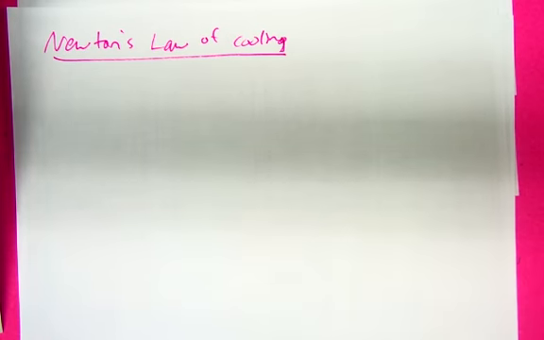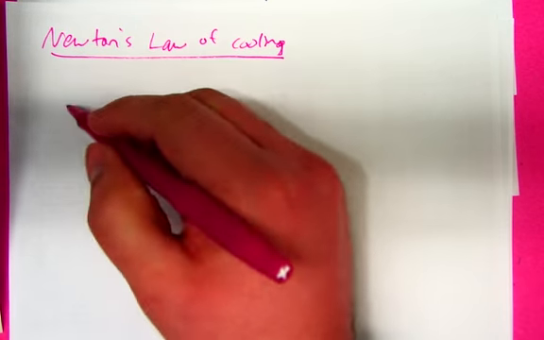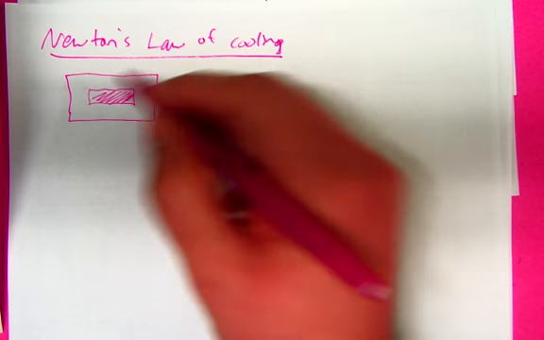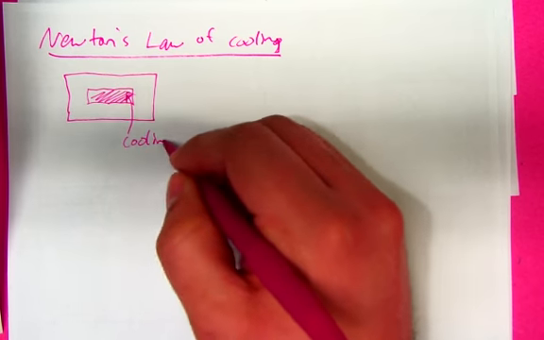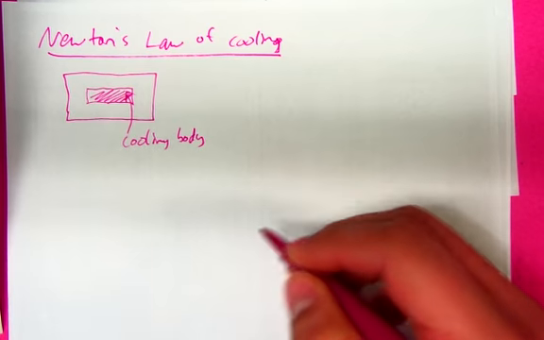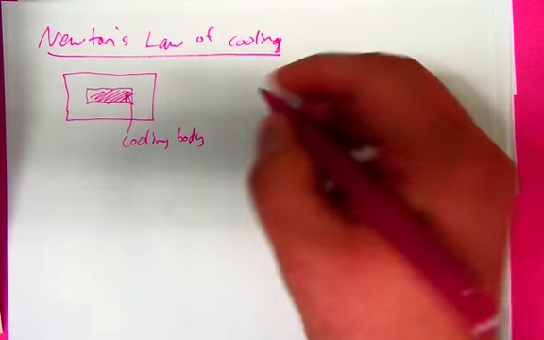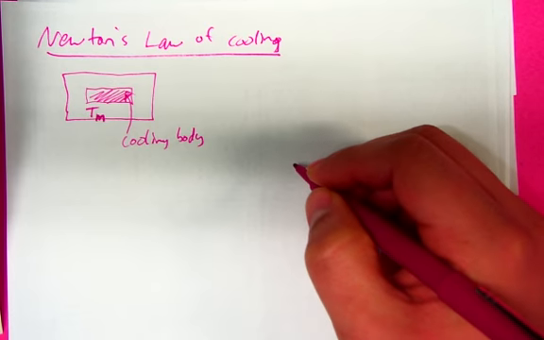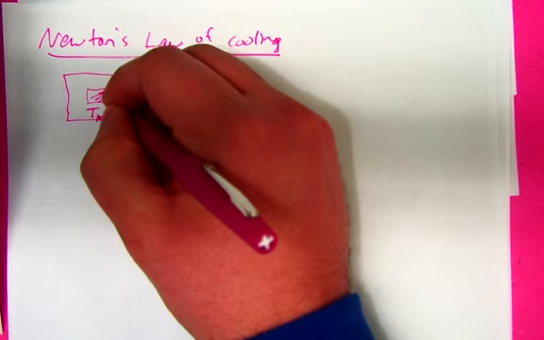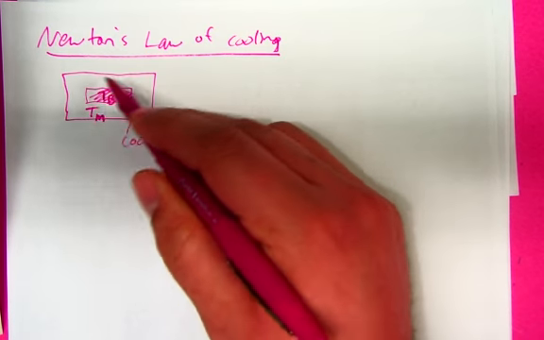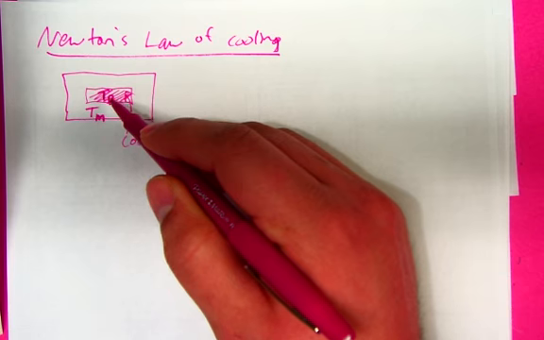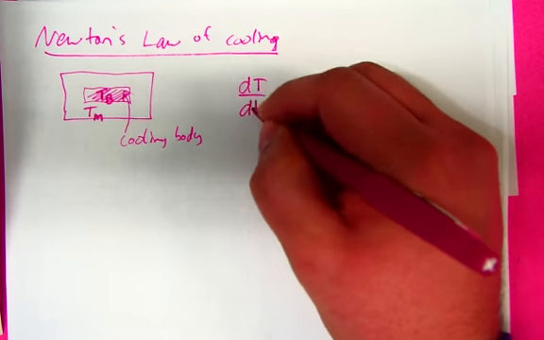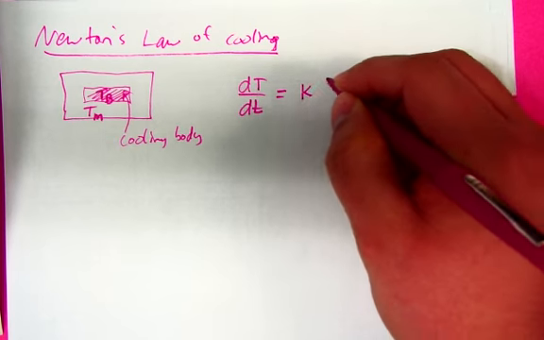If you forgot what it was, the premise was that you have some cooling body and then you have some temperature, we'll call T sub m, we'll call this temperature T sub B. So the surrounding temperature is going to be T sub M, and the body temperature is going to be T sub B. And the idea is that the rate at which this body cools is proportional to the difference in temperature.